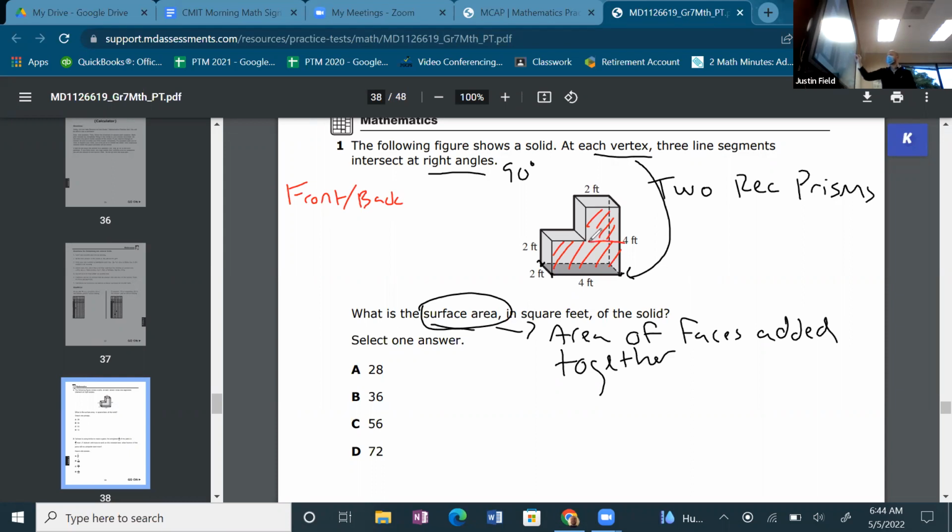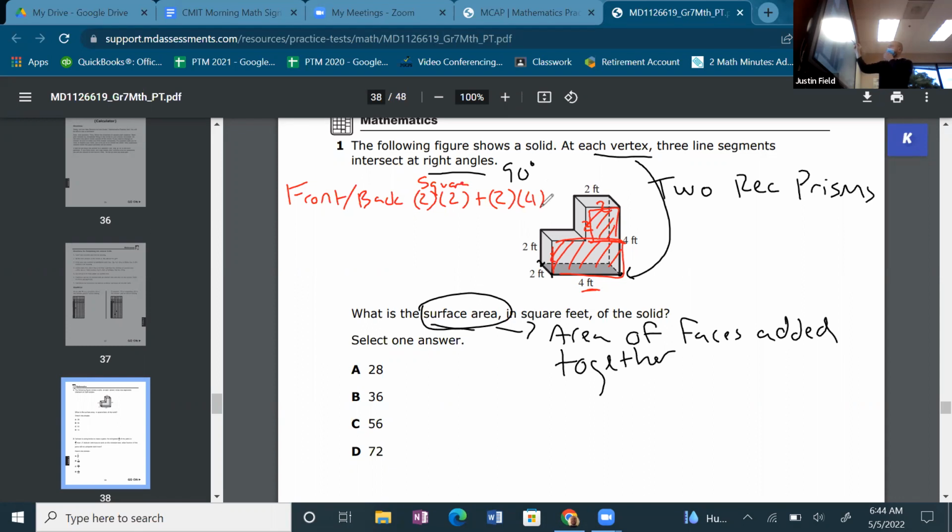We see we have a square, right? And what are the dimensions of that square? They're 2 by 2. So to find the area of the front, we can multiply the square part. And then the rectangle on the bottom. You see the rectangle on the bottom? Okay, and that's a 2 by 4.